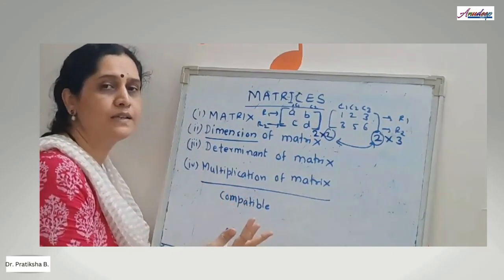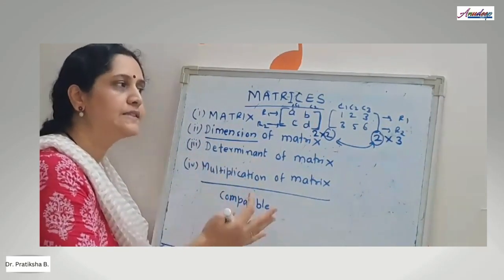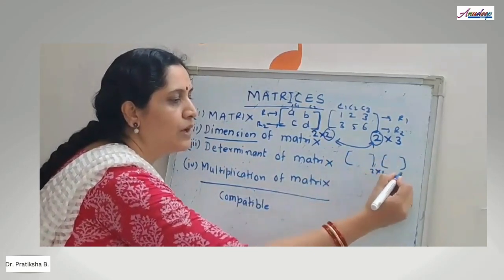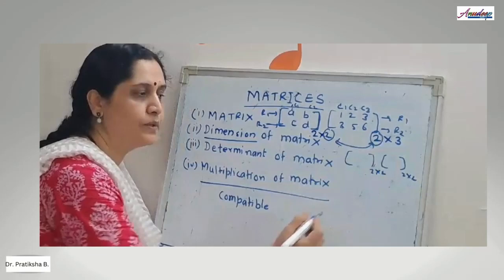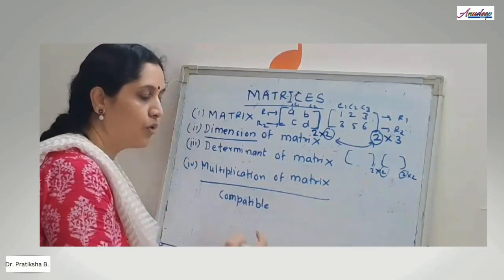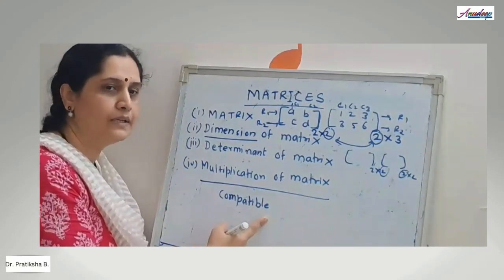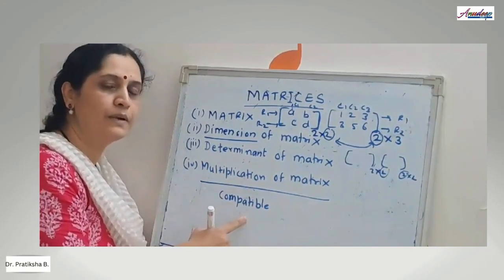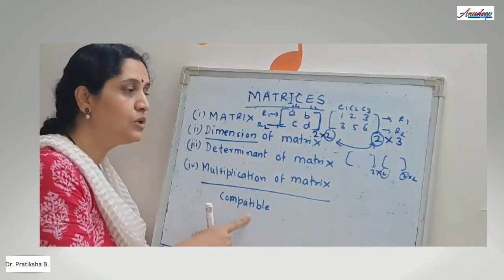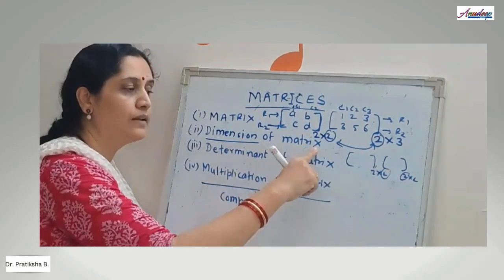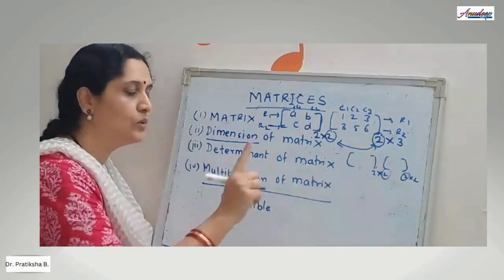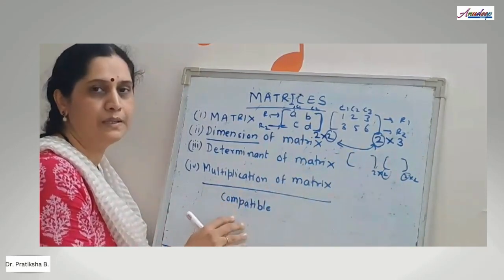We can always take the product of any two square matrices of the same size because a 2 by 2 with a 2 by 2 follows the concept of compatibility. So before we start multiplying any two matrices, we need to check the dimensions of the matrices given, and if they are compatible, then only we can proceed with the multiplication.